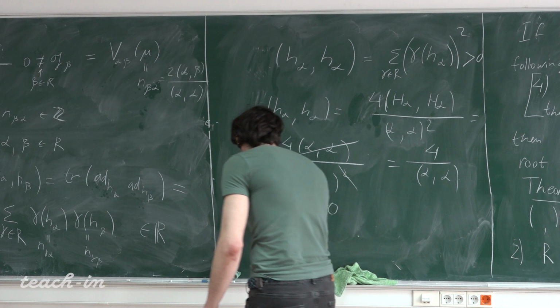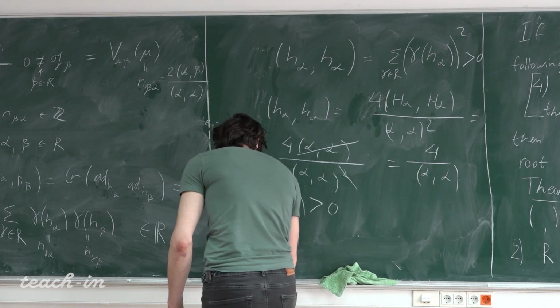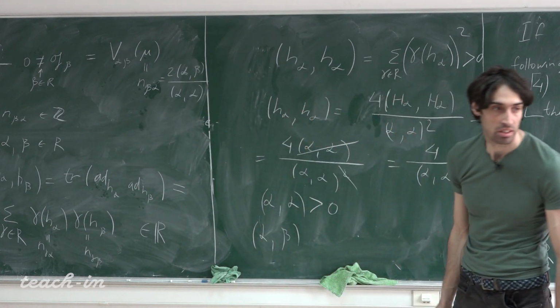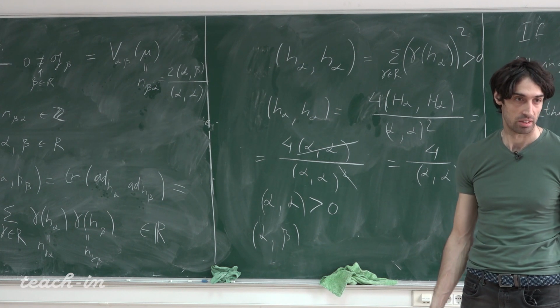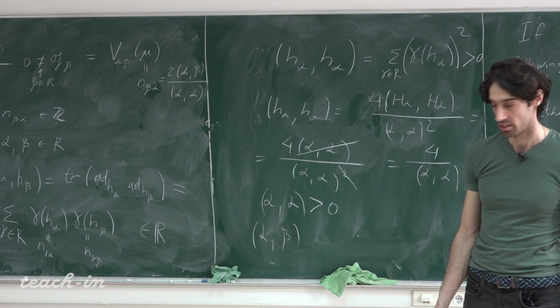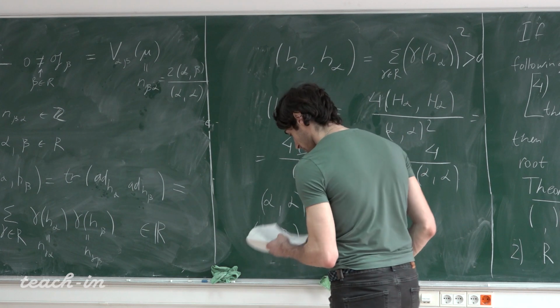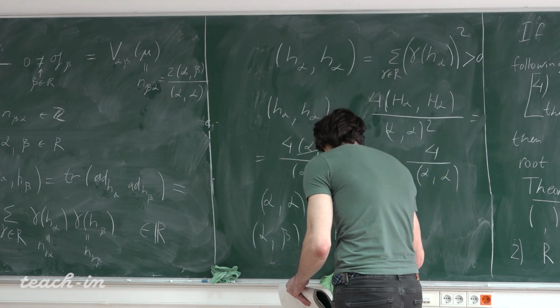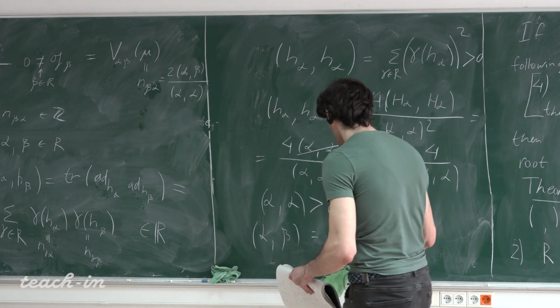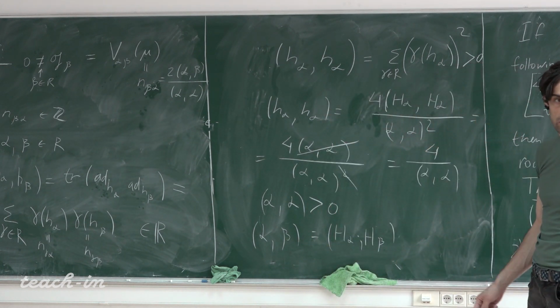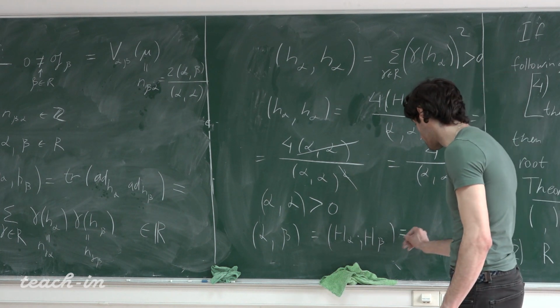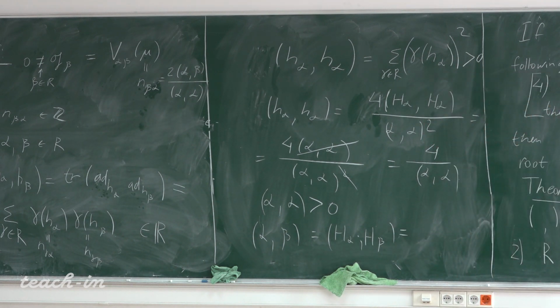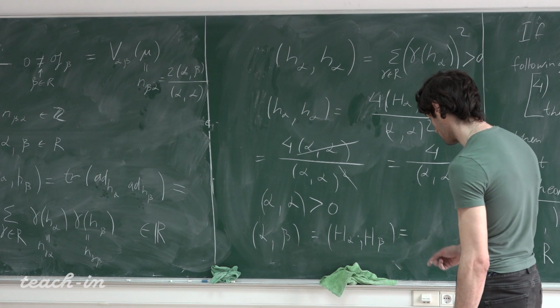And what's left to prove is that alpha beta is real. Then I'm done. So this is by definition, again, the killing form of H capital alpha with H capital beta. But this is the following.